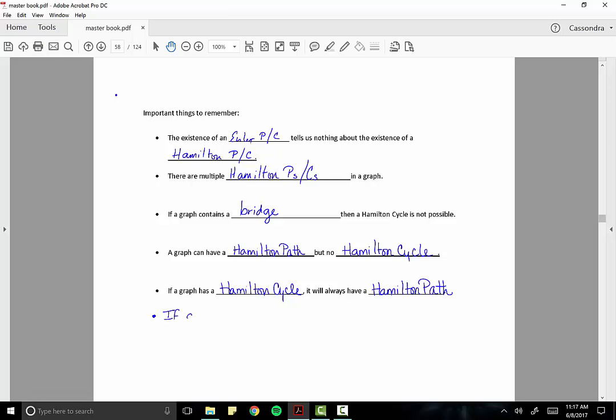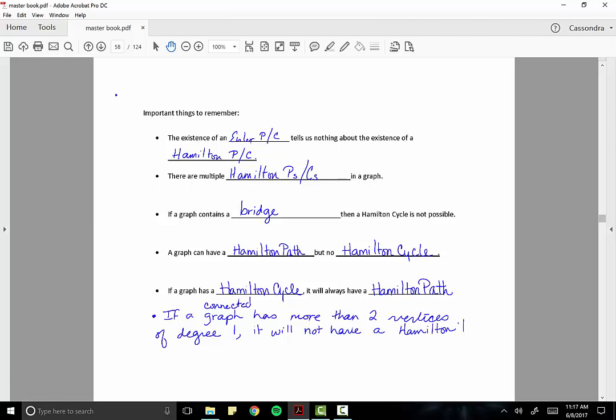If a graph has more than 2 vertices of degree 1, we need to remember connected here, it will definitely not have a Hamilton path.